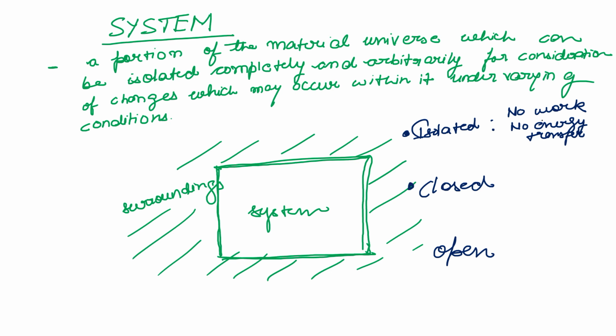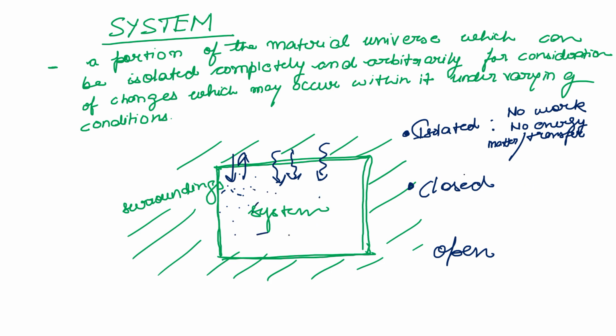So there is no work done on or by the system, and there is no heat, energy, or matter transfer. When we say transfer, it can be either energy to the system or matter to and fro the system. Matter is the components of the system, right?